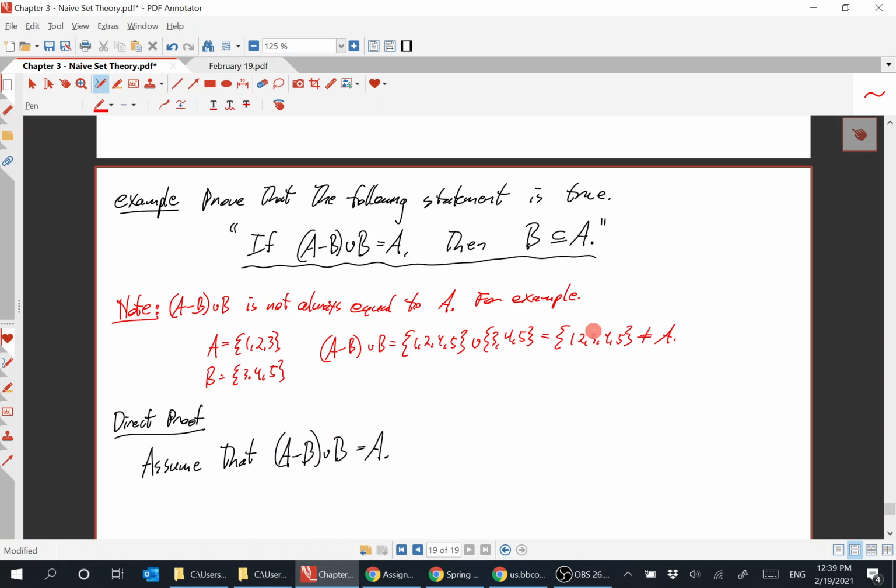So, for example, let A be equal to this and B be equal to that. Let me write it out a little bit more formally.